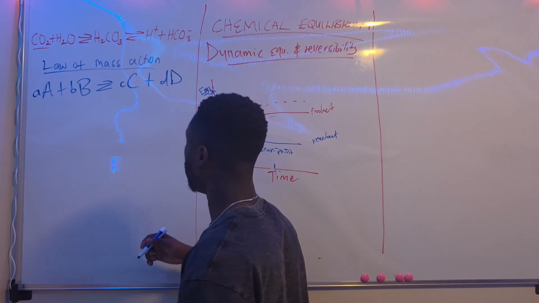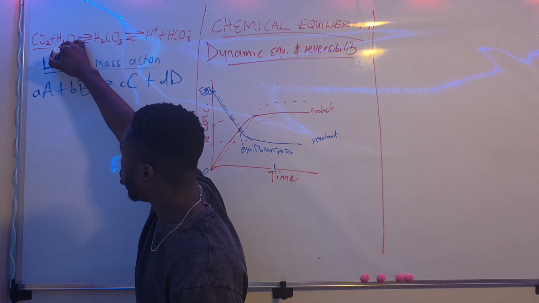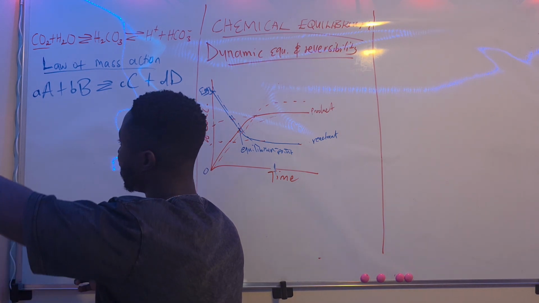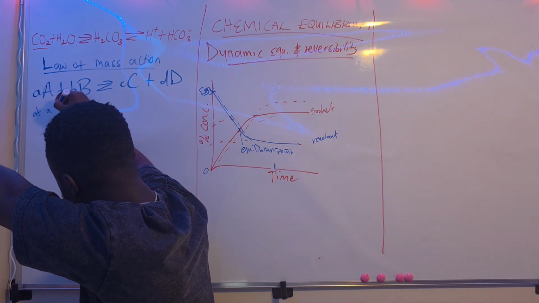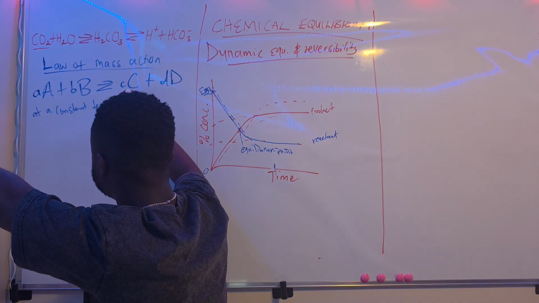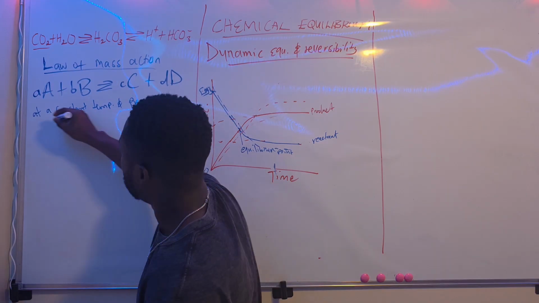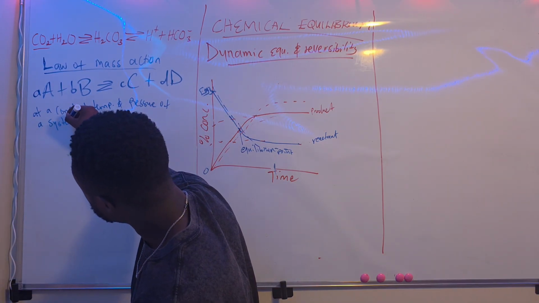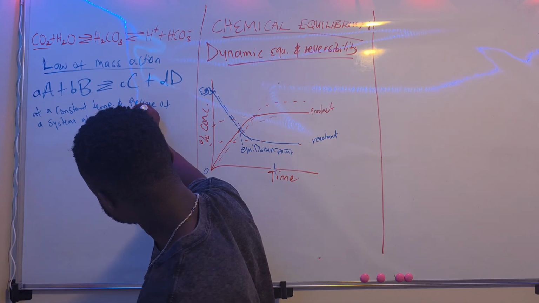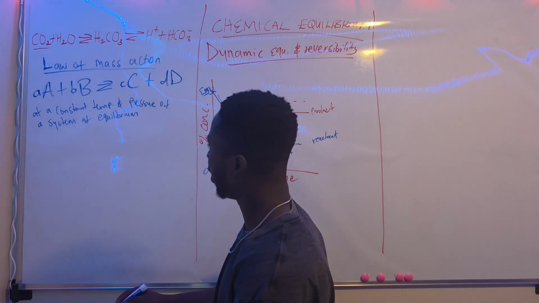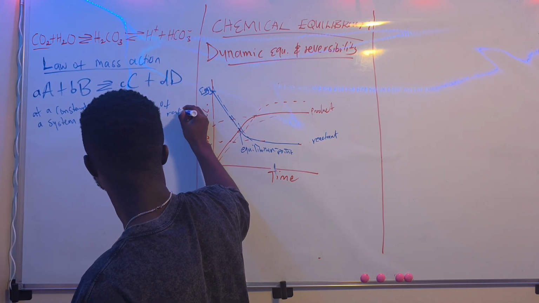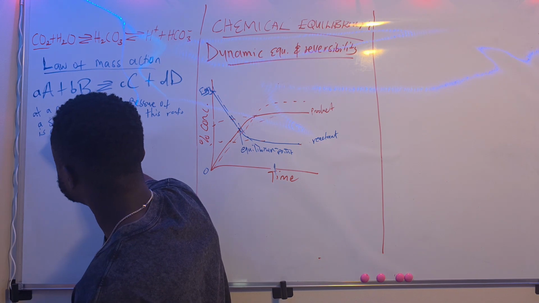Now, the first thing you should know is that the law of mass action is a law. And this law states that at a constant temperature and pressure of a system at equilibrium, this ratio is constant.